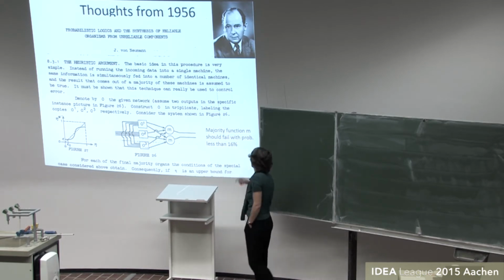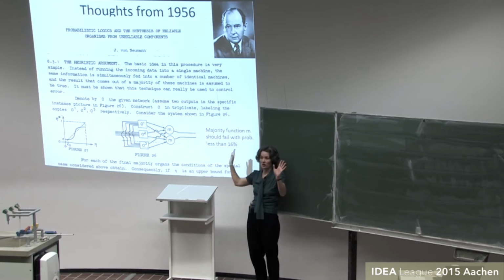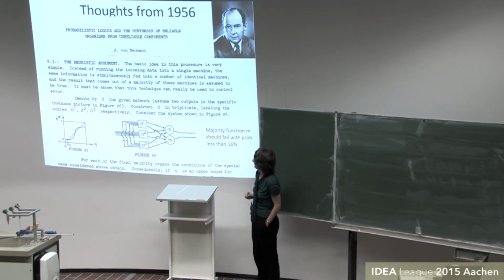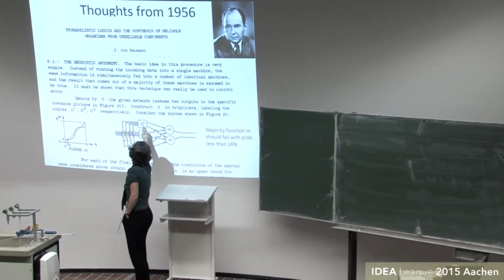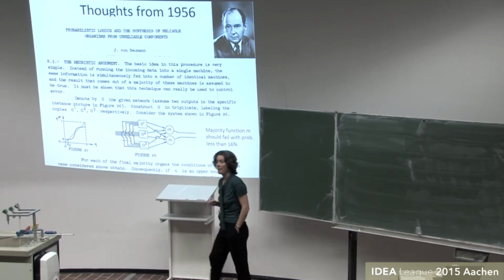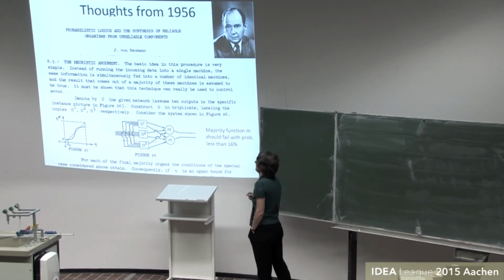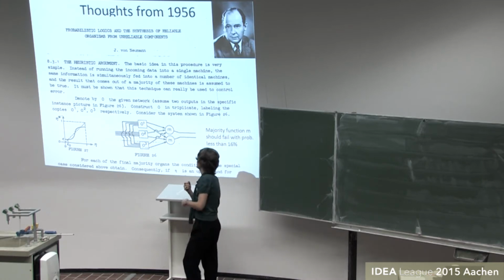So first of all, he estimates that this majority function M should fail with a probability less than a 16th. Otherwise, you're never going to get good behavior. And then there's a little plot.